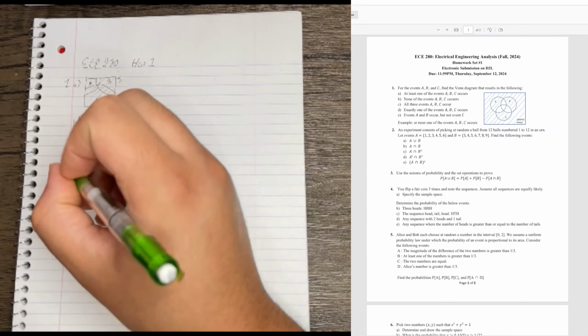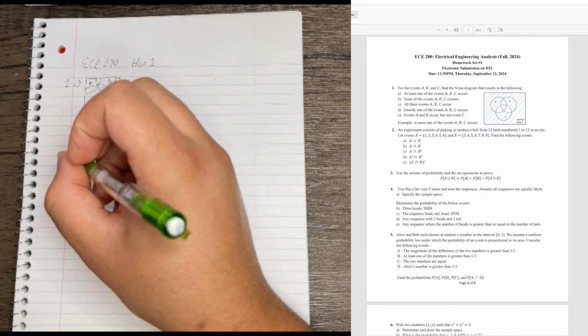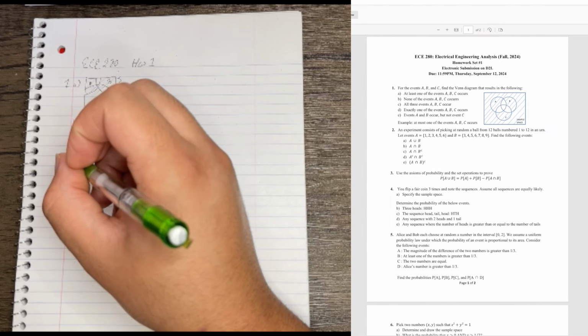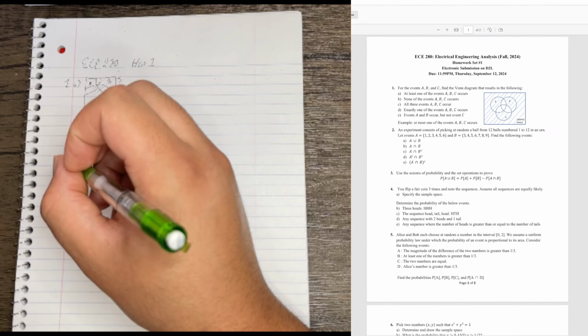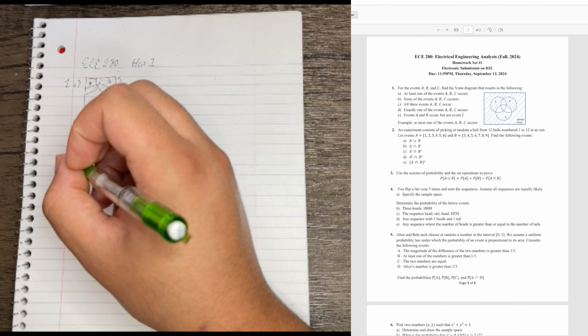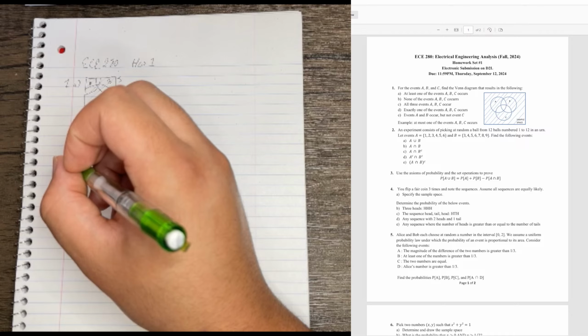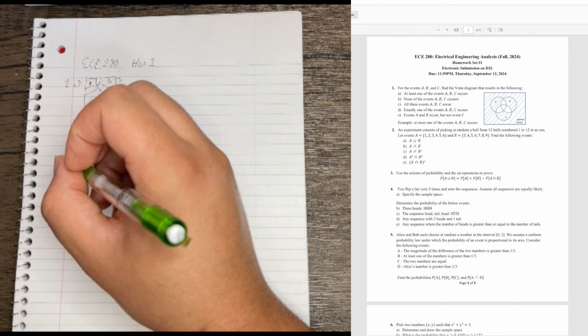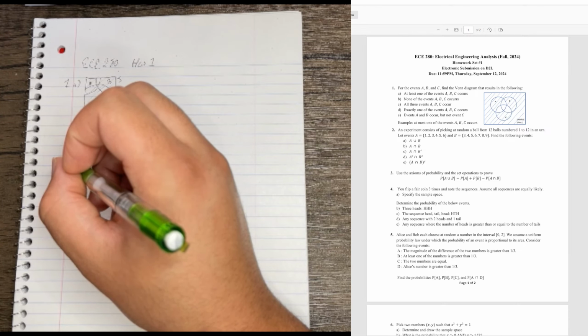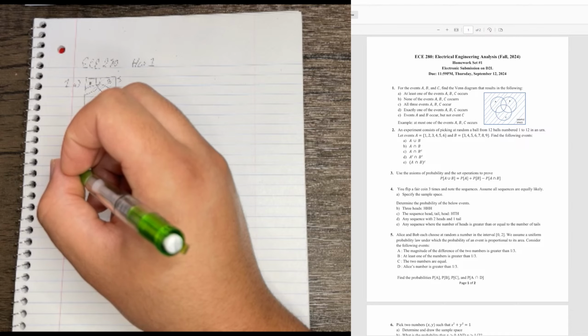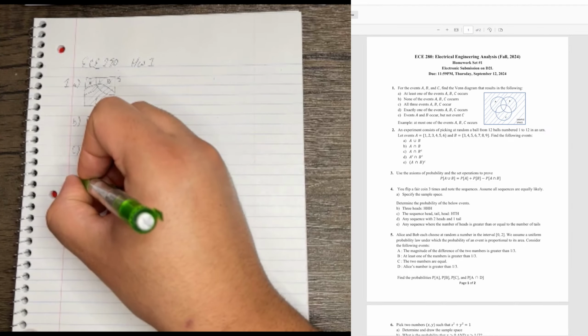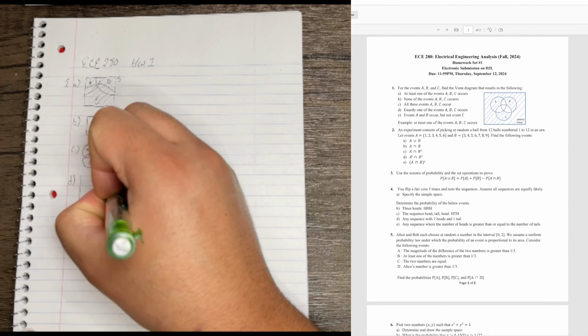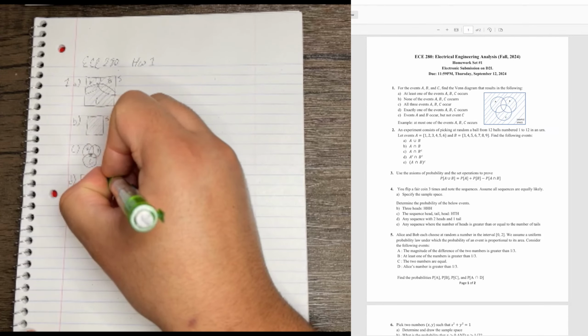D. Only one of them occurs. So for D we would draw in our sample space again.